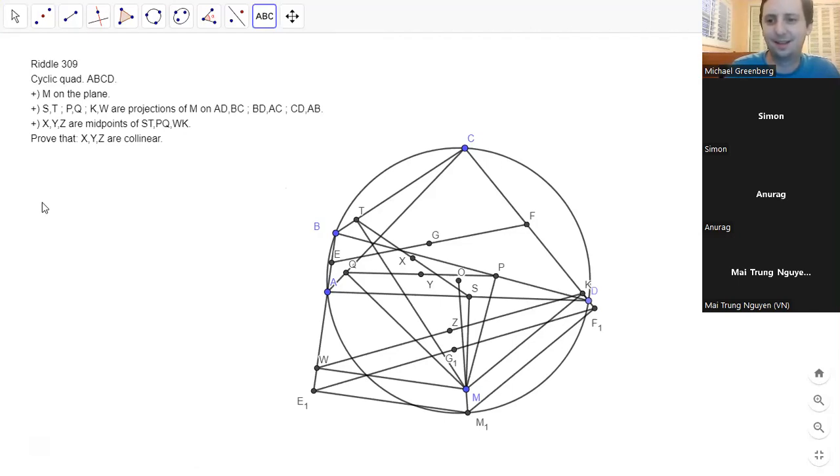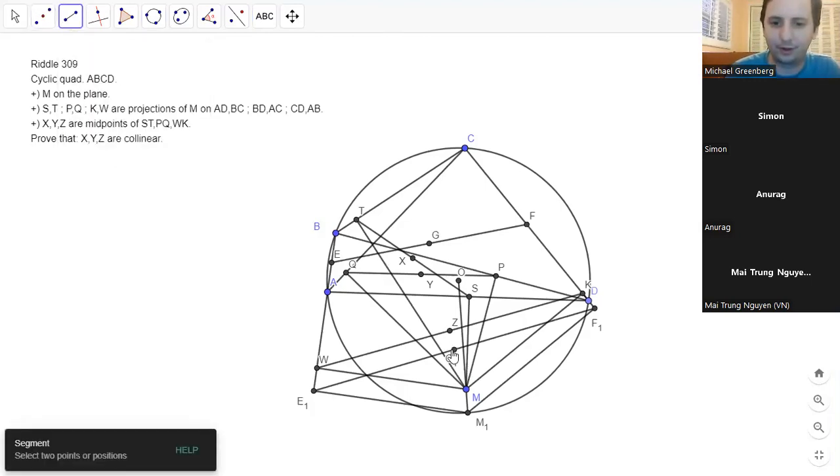So on the side we have the same ratio. It means that EW over WE1 equals FK over KF1. So by the equal ratio lemma on a quadrilateral, that means that G1, Z, and G are collinear, right?